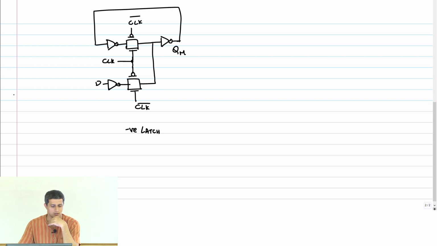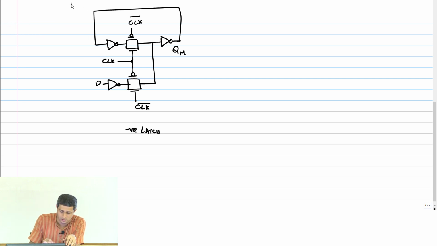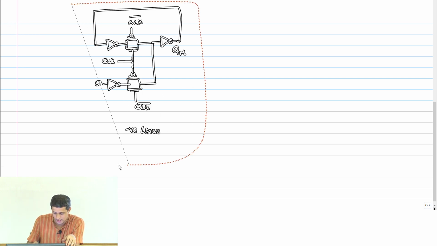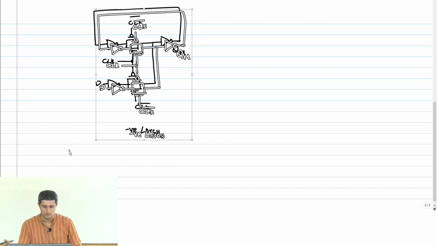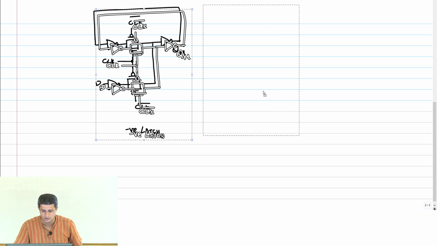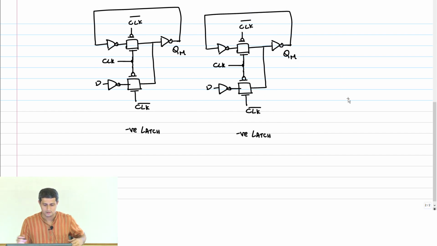Okay, so then I just copy this again. I'll place it here, and I'm going to now make the connection so that I can construct my flop. This has to now become a positive latch.